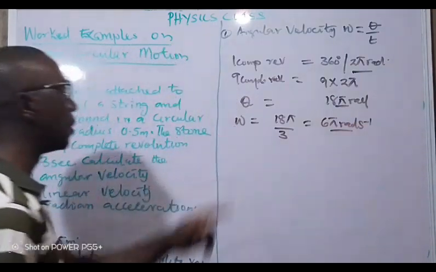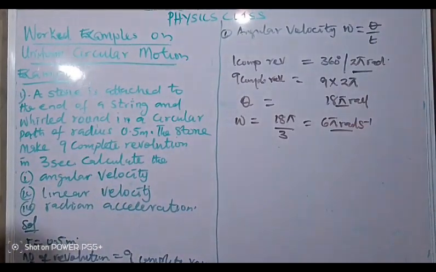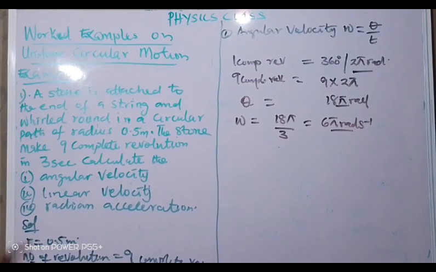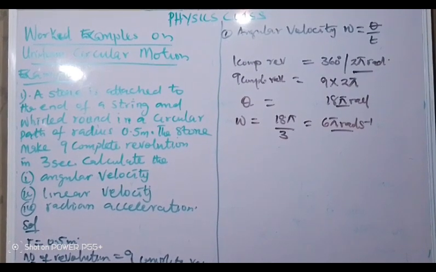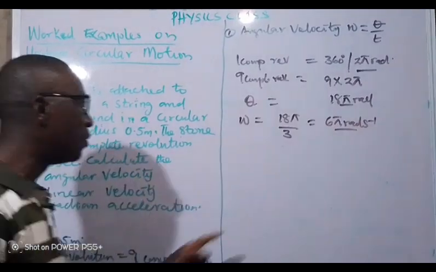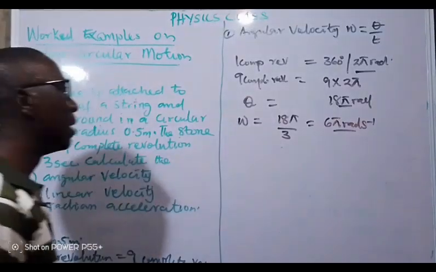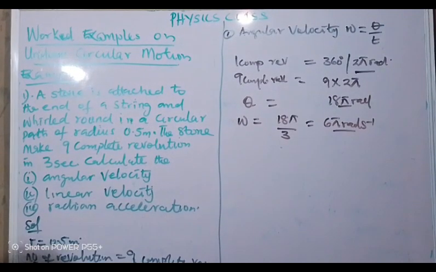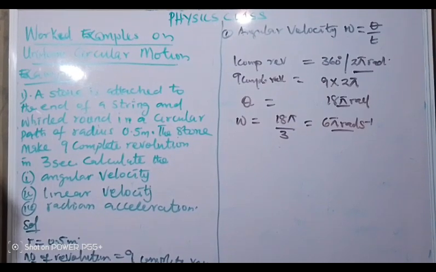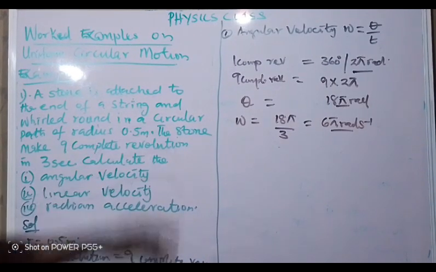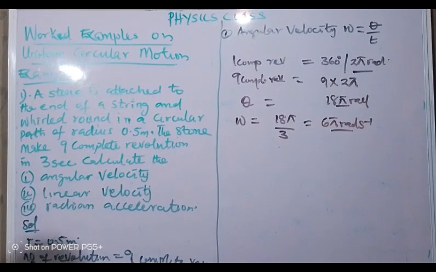Don't forget the unit of angular speed is rad per second. That's the answer for angular velocity. Since the value of pi is not given, we calculate in terms of pi.